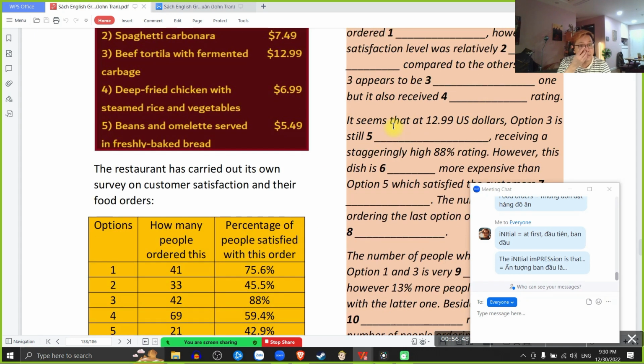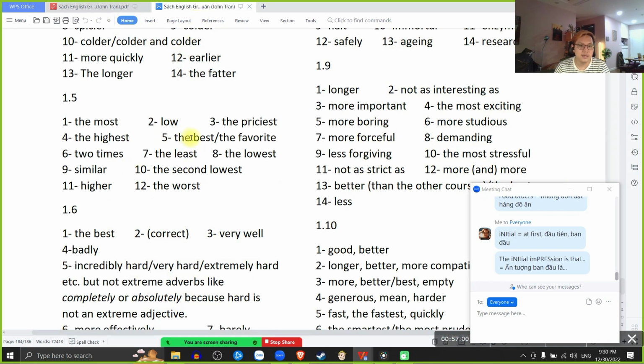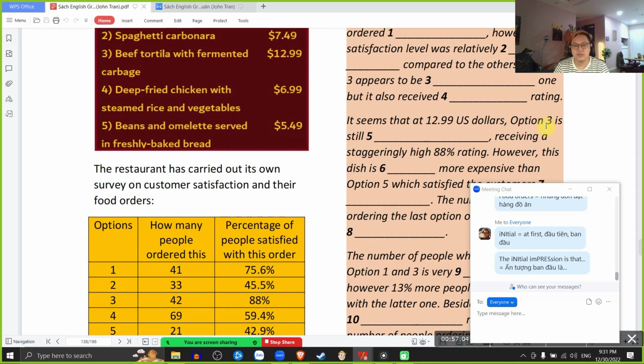It seems that at $12.99, 12 đô 99, it seems that at 12 US dollars 99, option 3, it's still the best or the favorite. Option 3 có vẻ dường như ở 12 đô 99, option 3 vẫn là cái tốt nhất, cái ngon nhất, hoặc là the favorite, vẫn là cái mà ưa thích.